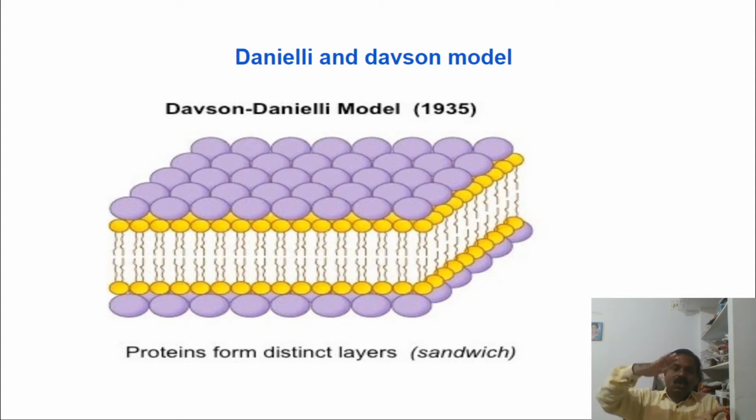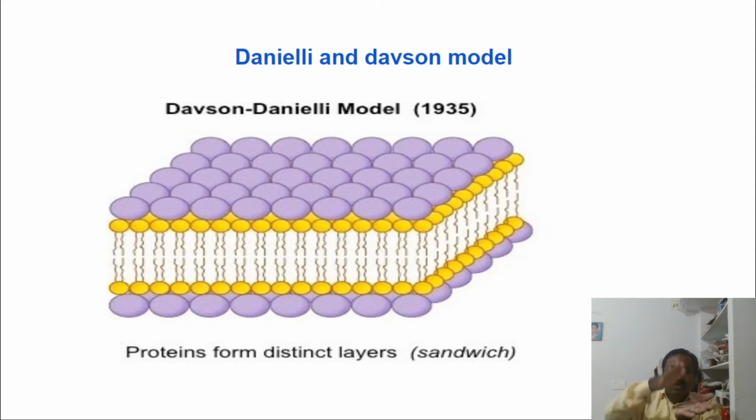And here are two protein layers. This is one protein layer, and this is another protein layer. These protein layers are sandwiched with the lipids. So you might have known the sandwich. When preparing a sandwich, two bread slices are linked with one reddish edible juicy substance.